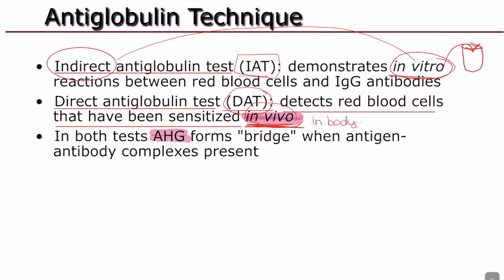And one way that we can see this is, here's our test tube, and we add our reagent red blood cells. There's our red blood cells. And then what we're doing is we're adding patient plasma.